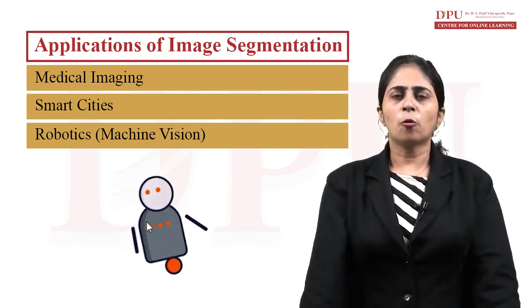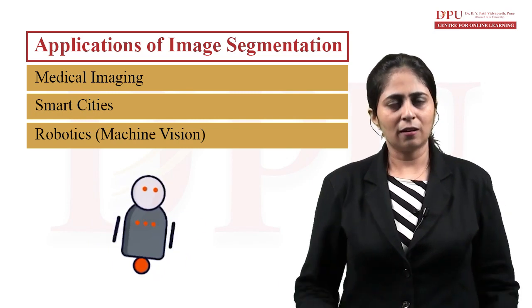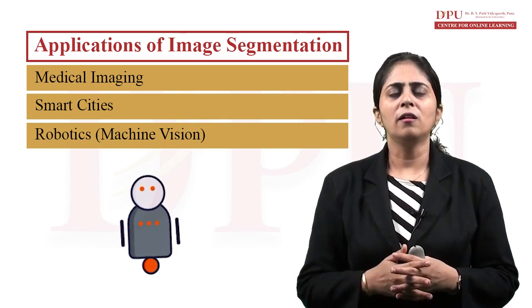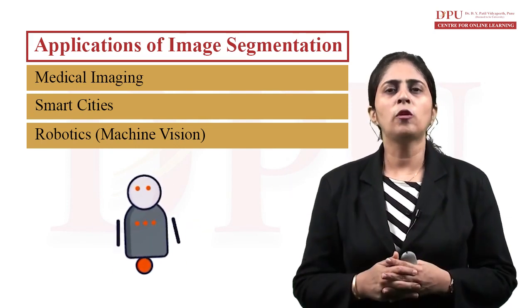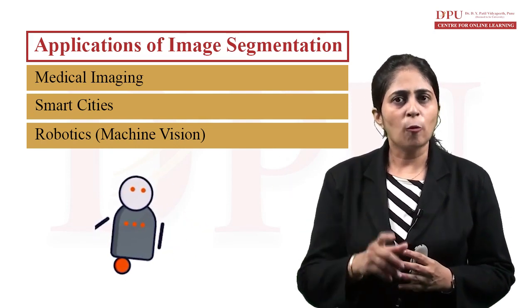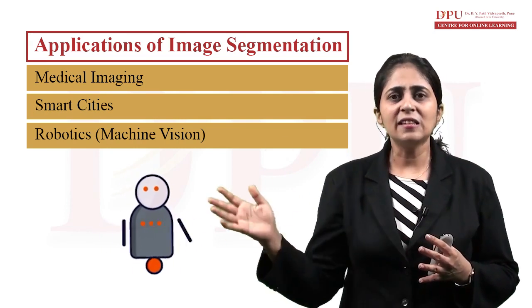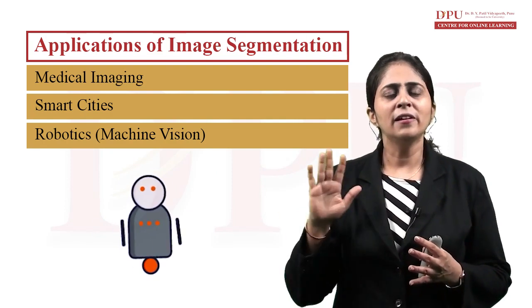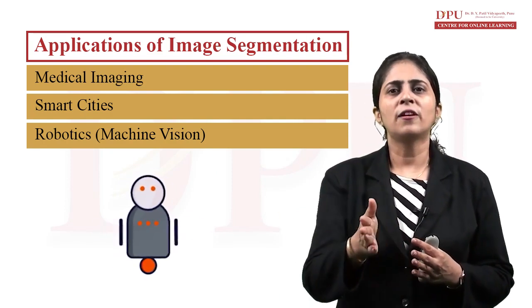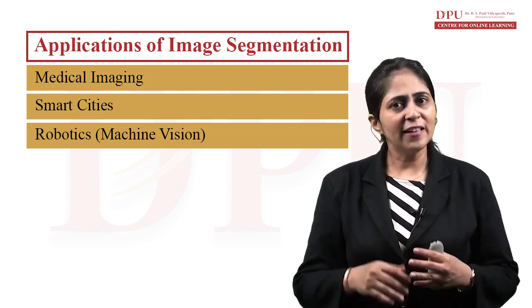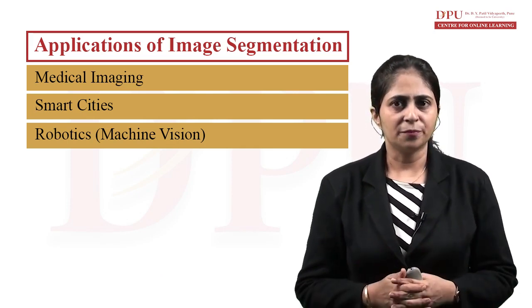If we are talking about robotics, nowadays we are coming to a time when we will have robots all around us in a few coming years. So what does robotics require? It requires seeing the surroundings, seeing the environment carefully so that it can function properly. So for that purpose, we definitely use image segmentation.